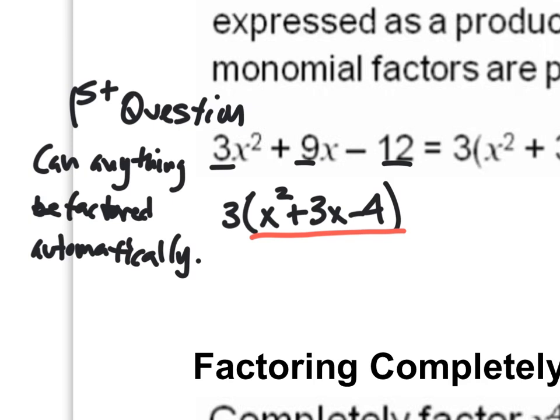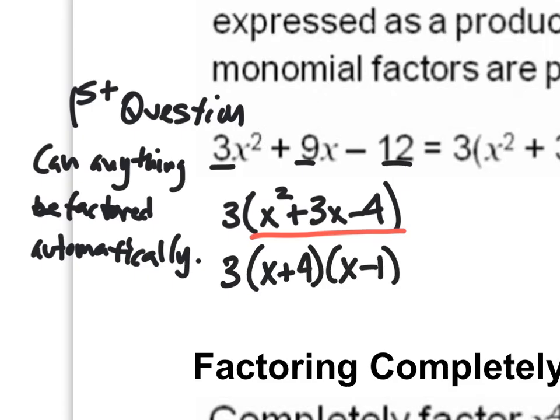When the coefficient is 1, it's really nice and neat, because you can ask, what two numbers add to positive 3 but multiply to negative 4? Let me keep my 3 out here, and that would be x plus 4 and x minus 1.